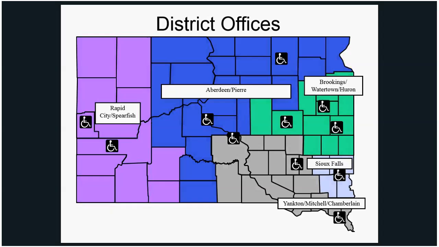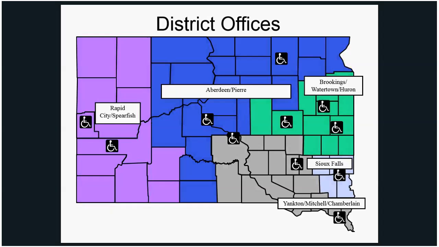So next slide, this is just in general, the map, the coverage areas for our field offices. The VR program has 5 district offices, Aberdeen, Rapid City, Brookings, Sioux Falls, and Yankton, and then a total of 11 field offices. So some of those offices are smaller offices.